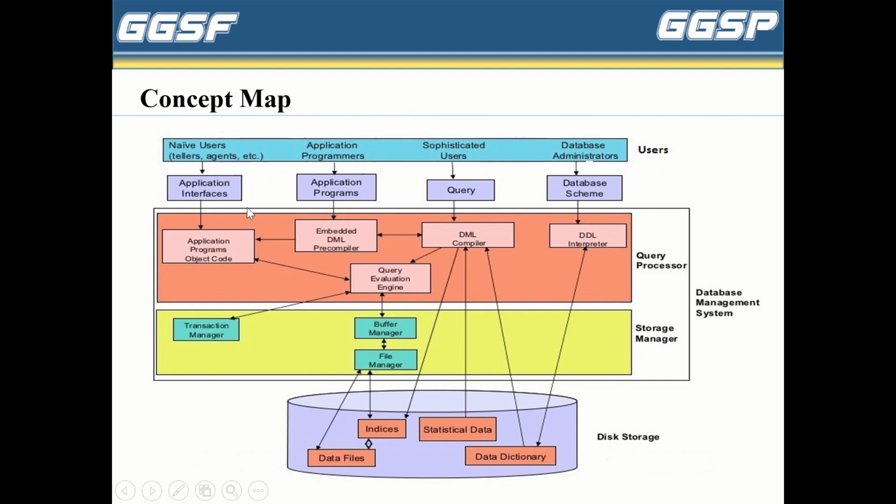So here some application interfaces are there, application programs are there, queries are there, and then database schemas are there. So in that, the query processor, the precompilers are there, compilers are there, engines are there, and after that storage managers are there, and after that disk storage is there. Let's see one by one.